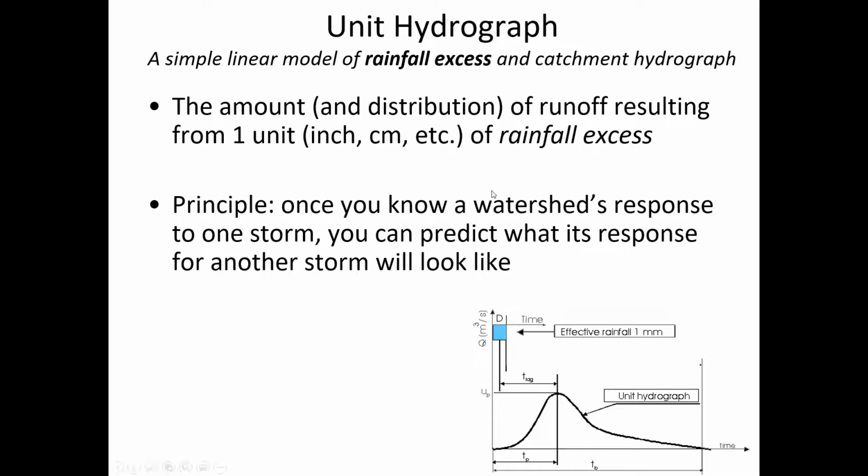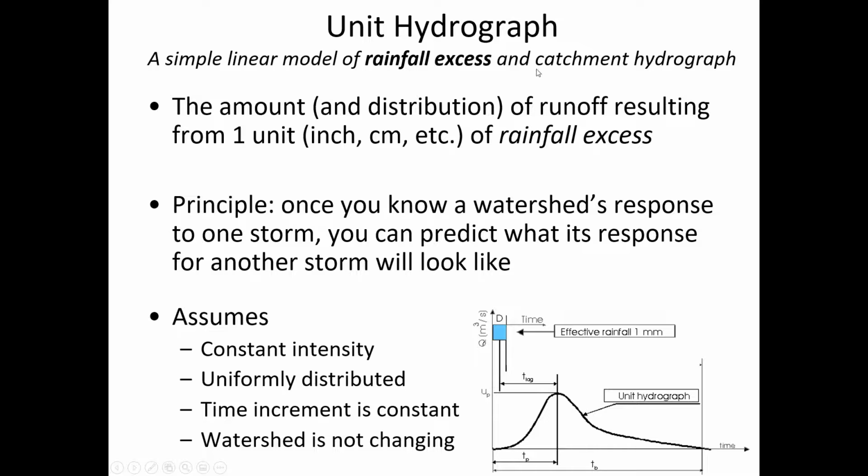So if you know what the watershed's going to do in a 1-inch storm, then what it would do in a 2-inch storm would be effectively double it, according to the unit hydrograph approach. You'd just peak it up by twice as much if you had twice as much rainfall excess.